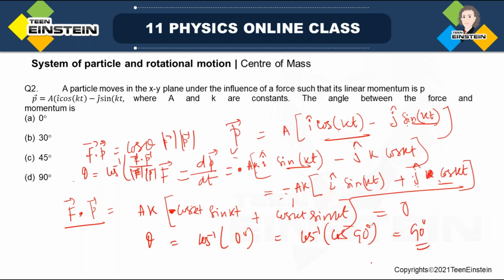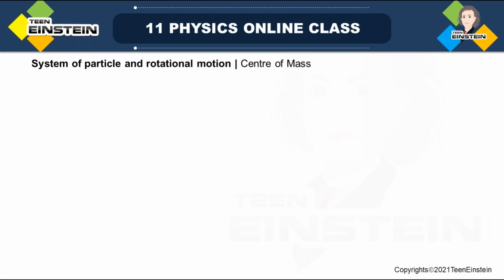So this is the answer. Take the dot product and then write cos inverse of that result so that you get theta. Okay, so this is the second question.